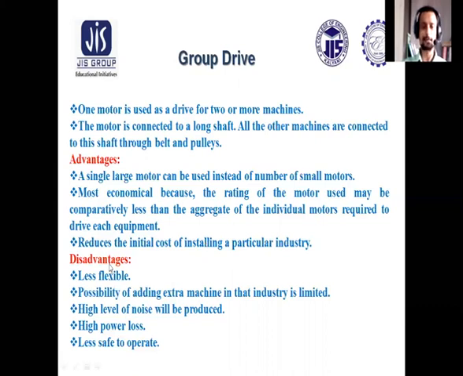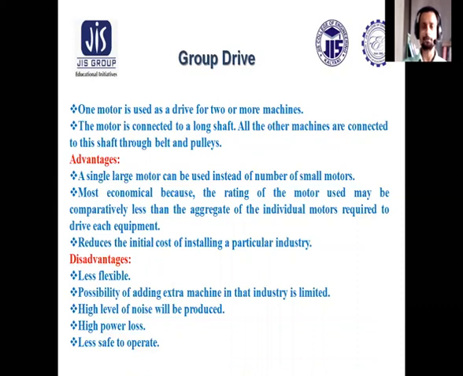It is less flexible. Suppose you want to add some more machines to that particular industry, you cannot do that if the industry is working with a group drive. That means, suppose initially you have 20 loads connected to a particular motor.